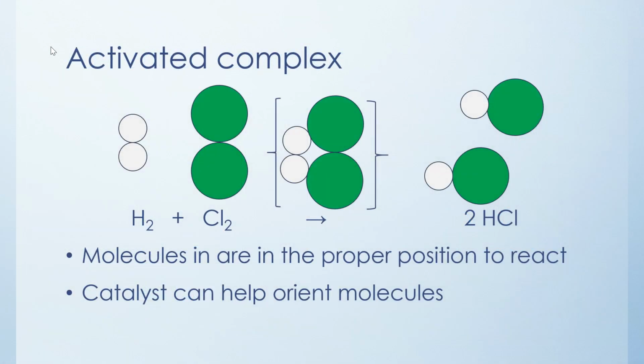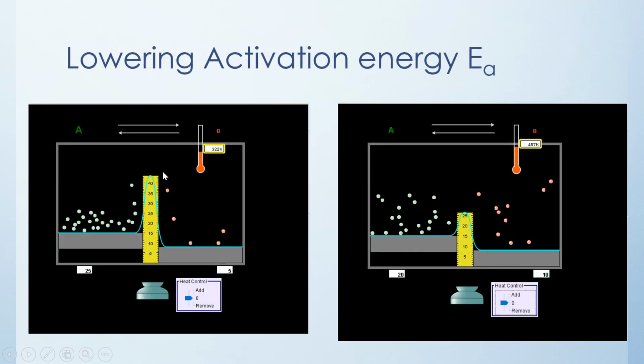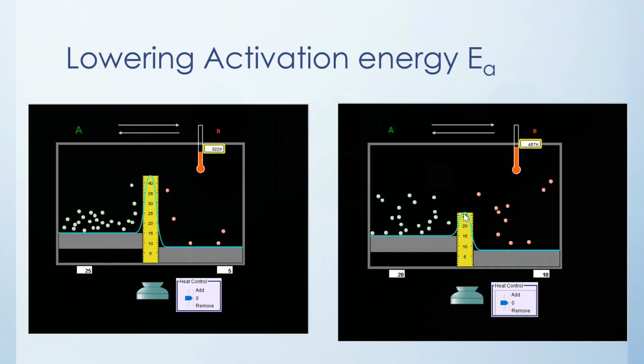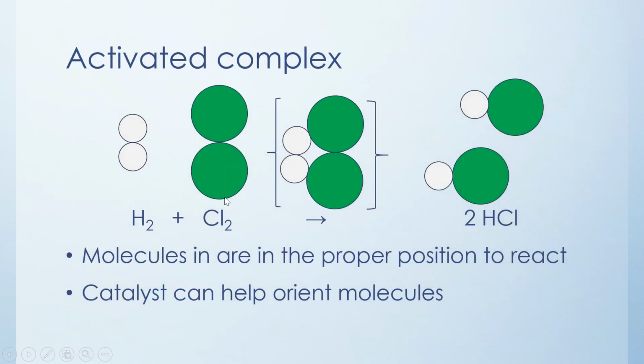All right, so what is this activated complex we're talking about? This sort of thing at the height here of the energy. That is a situation where the molecules involved have to be hitting in the right orientation and with the right amount of energy so that they can form the products or go back to the reactants.